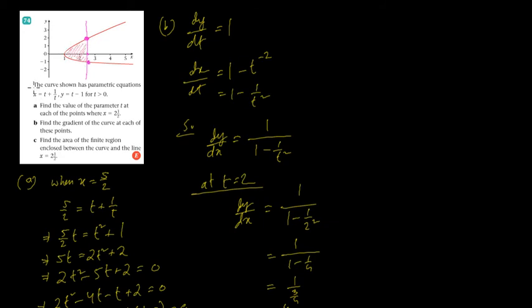For finding a region like this, we first have to find the area from this point to this point. If we integrate from this point to this point, we can find the area, then we can multiply by 2. But we already know the limit from here to here. So since we know the limit of t, we can just integrate the area in terms of t. So the Cartesian integration is going to be a little bit of a review.